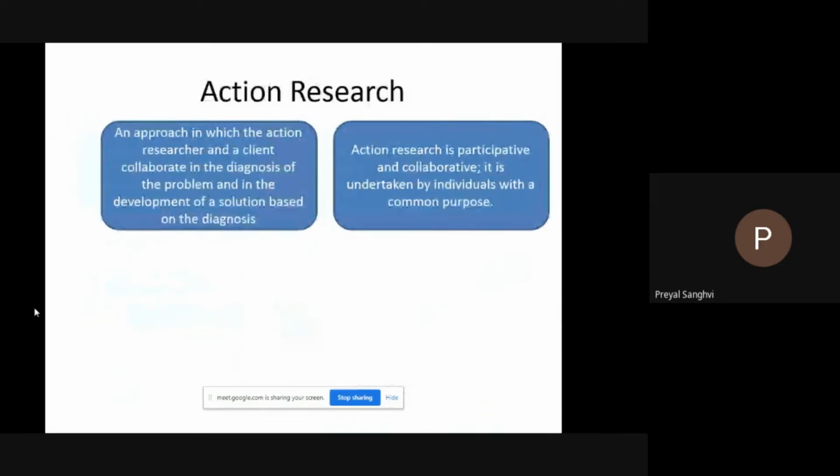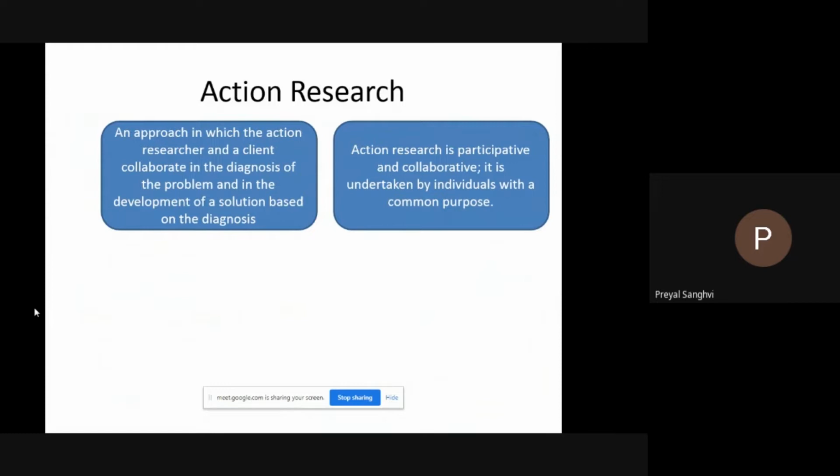If we talk about action research, it is an approach in which the action researcher and client collaborate in the diagnosis of the problem and in the development of a solution based on the diagnosis. In that case, the client and researcher are working together.